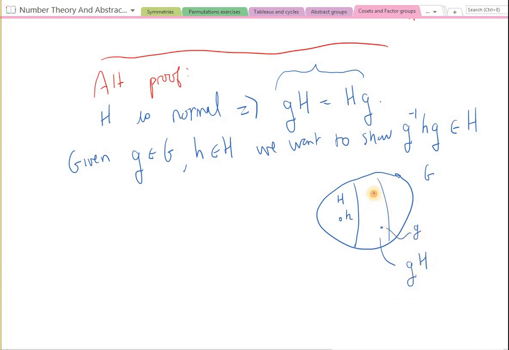It also contains gh. Now, according to this, gH equals Hg. So that means that hg is also in the set. It's not the same element, but it's in the same set. So it doesn't commute, but it's in the same set.